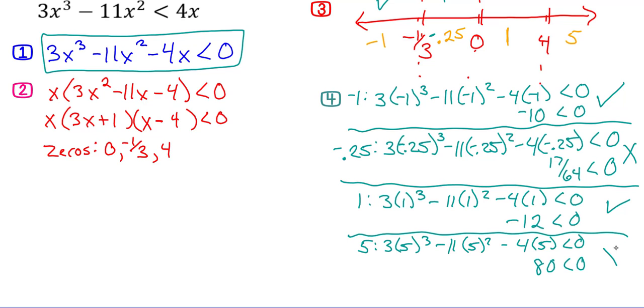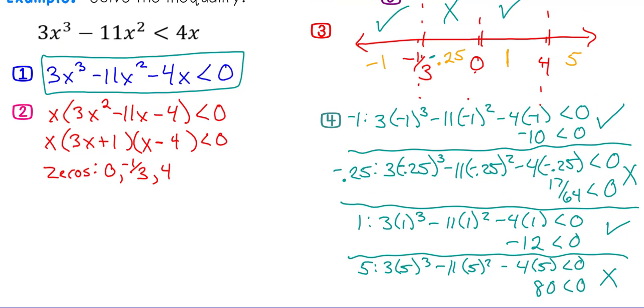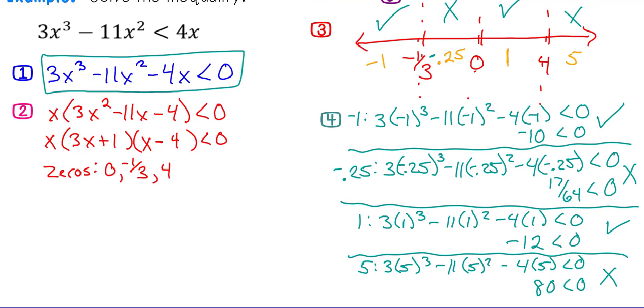Is 80 less than 0? No, it's not. So that means my intervals that I'm going to use for my solution are going to be the intervals where I have my check marks. Okay, those are going to be my 2 intervals.